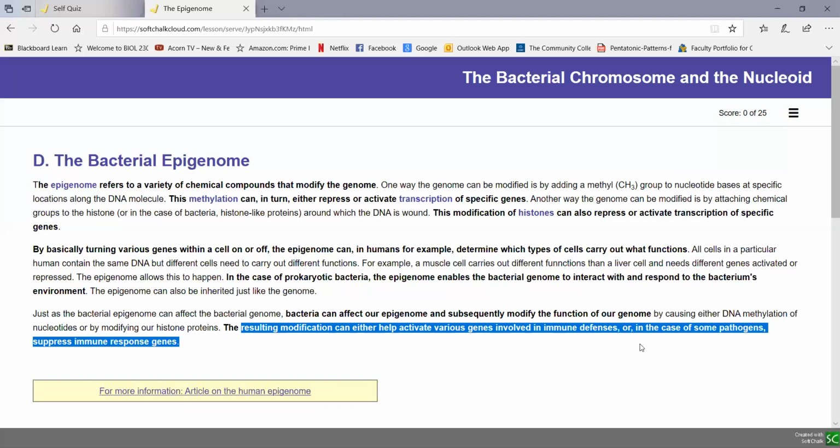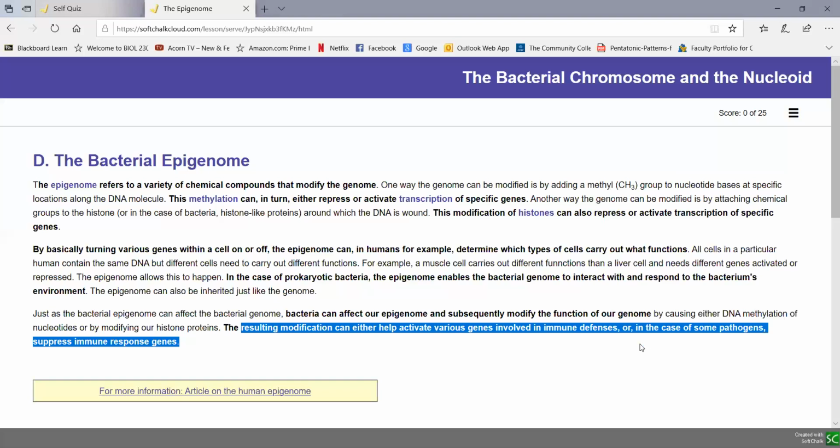So it may be functioning to activate certain genes so that we recognize the bacteria and mount a strong immune response against it, but sometimes the bacteria may affect our epigenome and turn off immune response genes so we can't fight the bacteria as well.